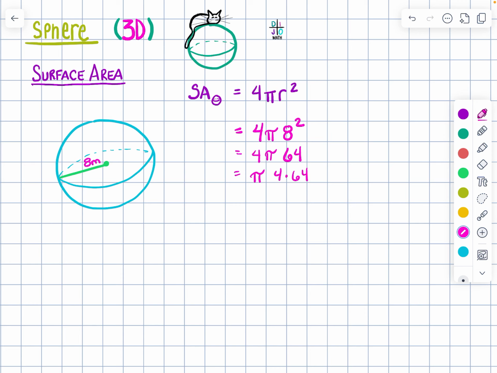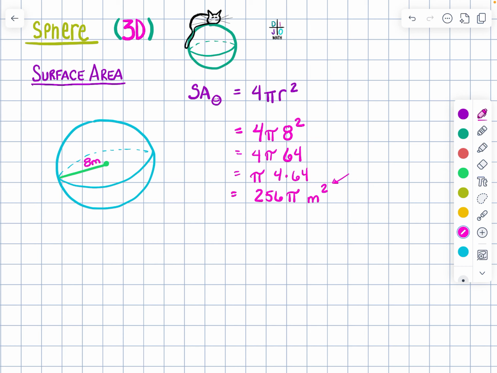And 64 plus 64 is 128. And 128 plus 128 is 256. So that's going to be 256 pi, and that's going to be meters squared. And it's squared because it's area.